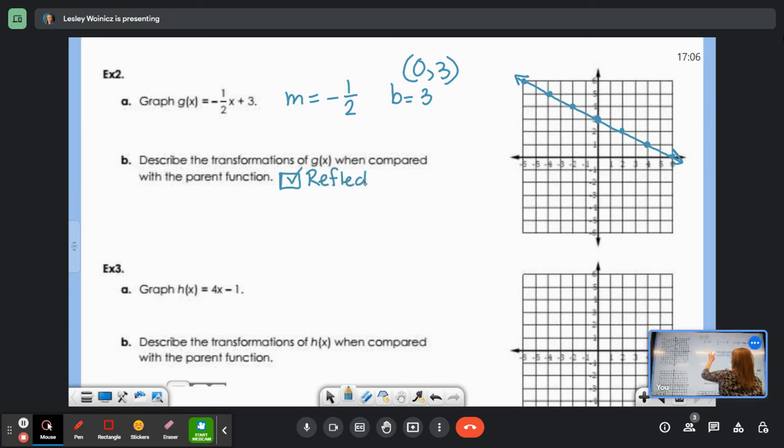Reflected over the x-axis. Okay, next, we multiplied by a factor other than 1. We multiplied by 1/2. So that vertically compressed our function. Vertically compressed.